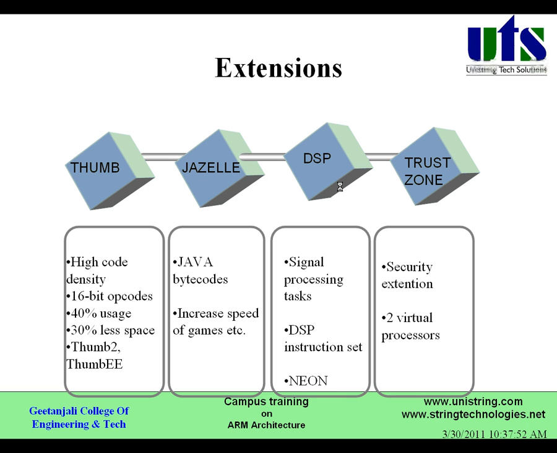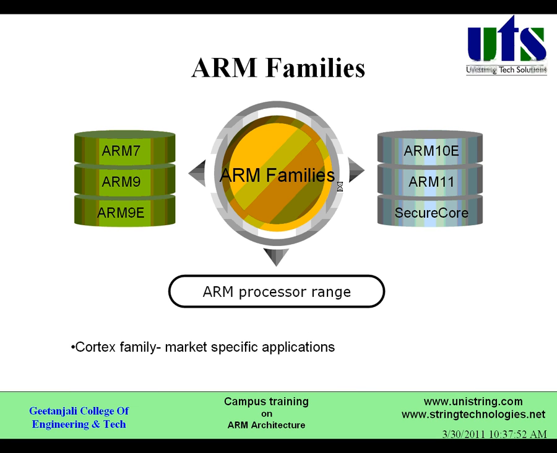And TrustZone: whenever you want more security for your applications, you should select this TrustZone extension for your architecture. Most of the high-end applications will require this much security, so basic applications do not need TrustZone.